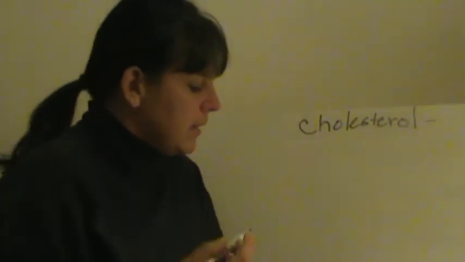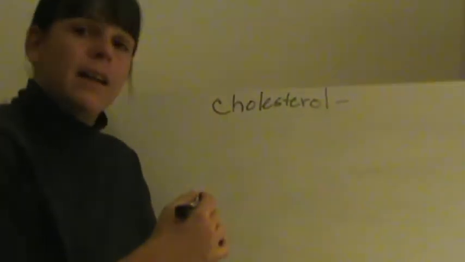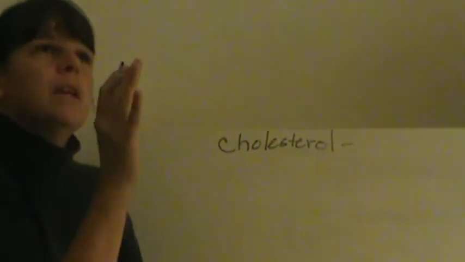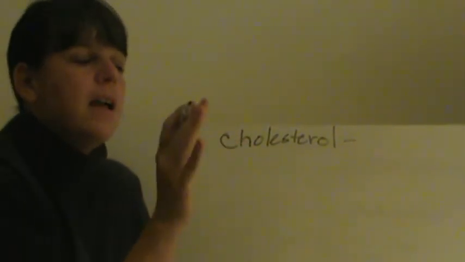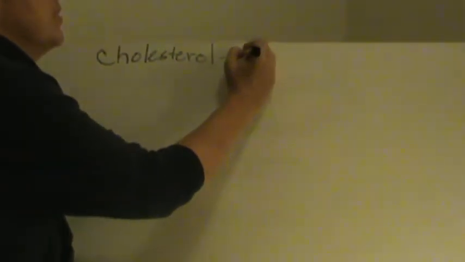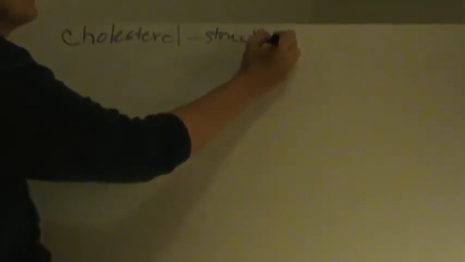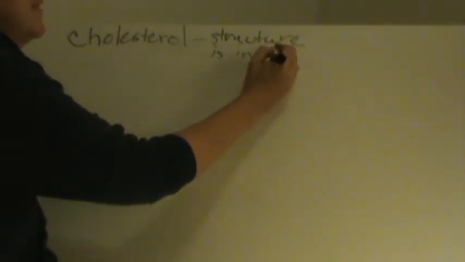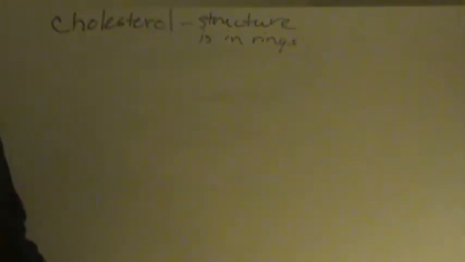So cholesterol, unlike those chains that we've seen in both the triglyceride and in the phospholipids, the structure is in rings. I will draw that for you here in a second.